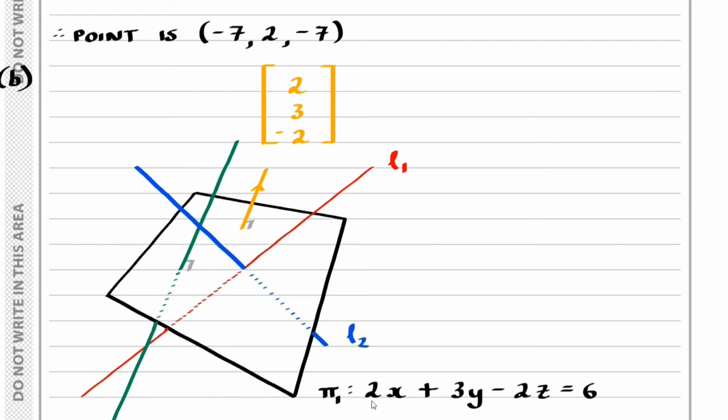From the coefficients of x, y, and z, we can find the direction vector of the normal vector. That's given by (2, 3, -2), the coefficients of x, y, and z.